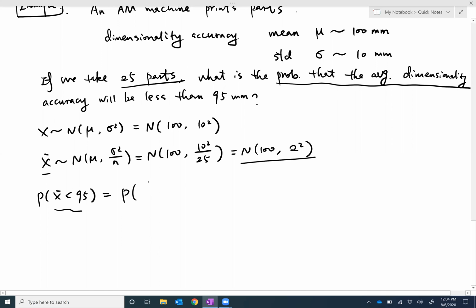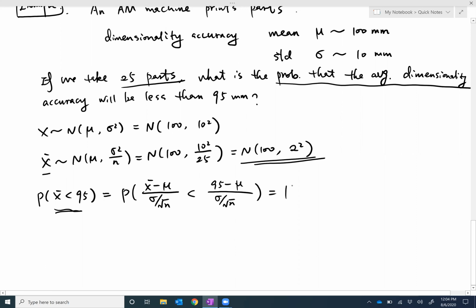Because most of the statistics books will give you the standard normal distribution table to check the probability. But if you have a computer or Excel, you can just get this probability based on this distribution. This will be X bar minus mu divided by sigma over square root of n, less than 95 minus mu divided by sigma over square root of n.